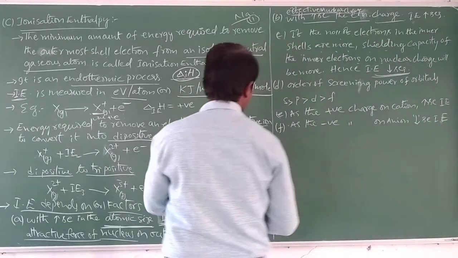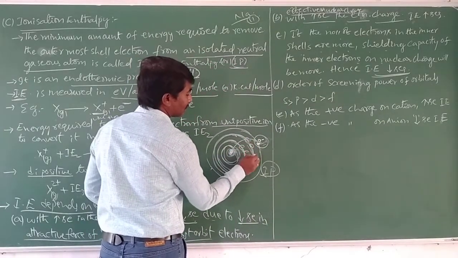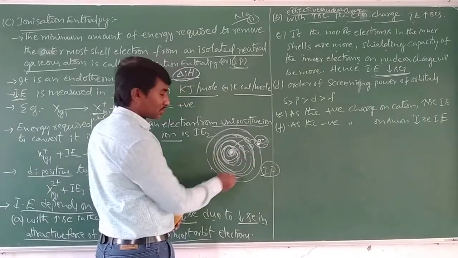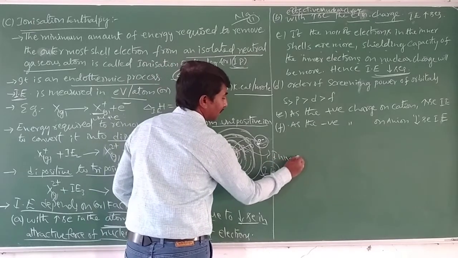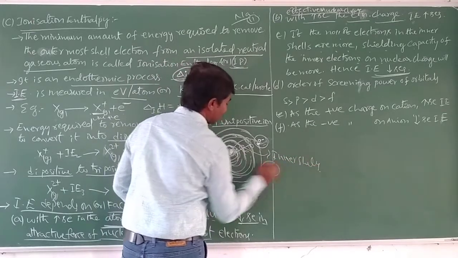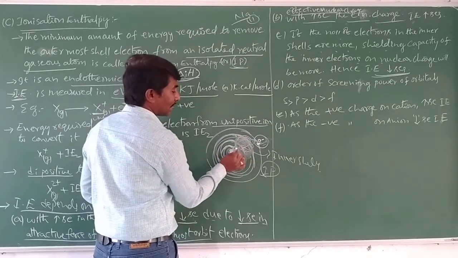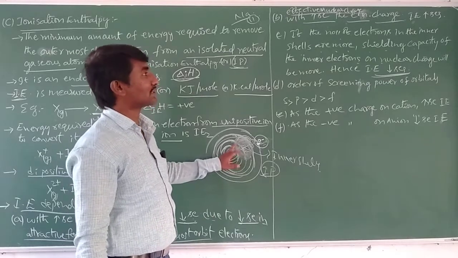Suppose this is the inner shell electrons. These are inner shells, 1, 2, 3, like this. If the inner shell electrons increase, the shielding capacity of the electrons increases.